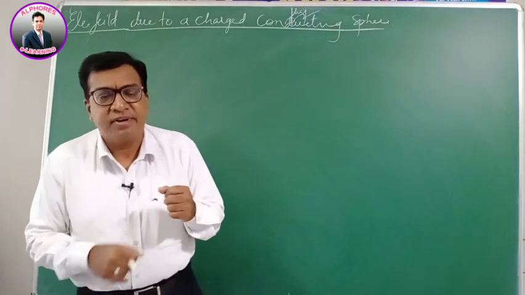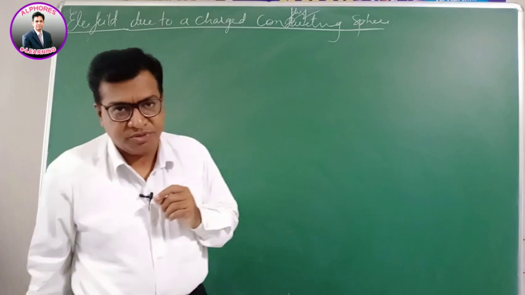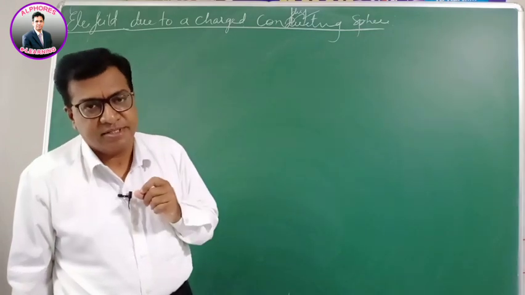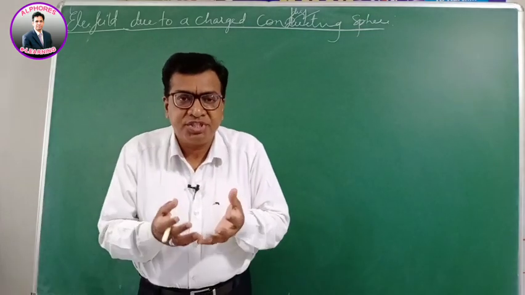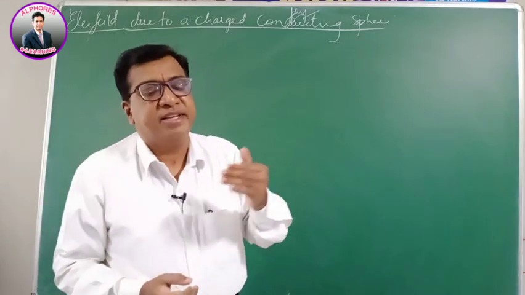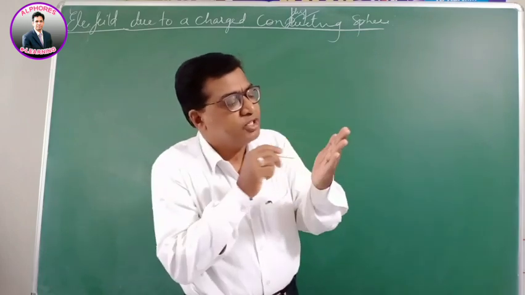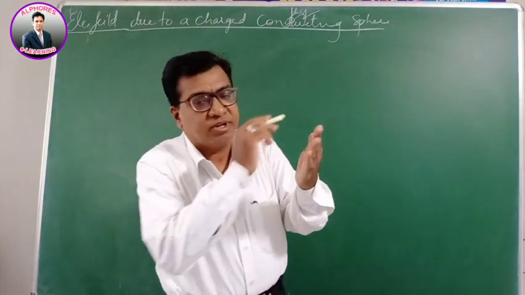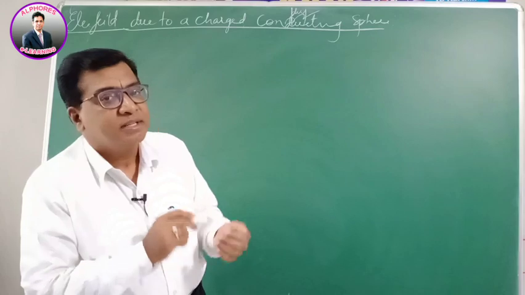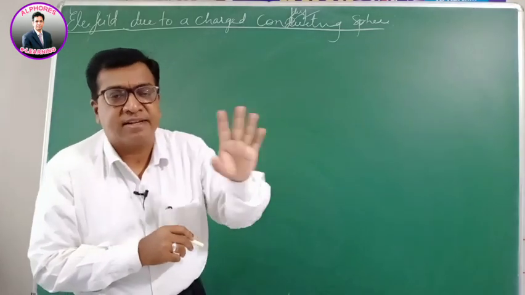We know electric field intensity is the force experienced per unit charge, F by Q. When the charge produces lines of force, the count of the number of lines of force passing through a particular space is called electric flux.